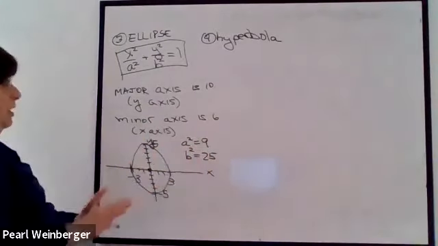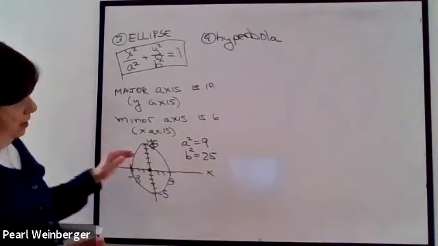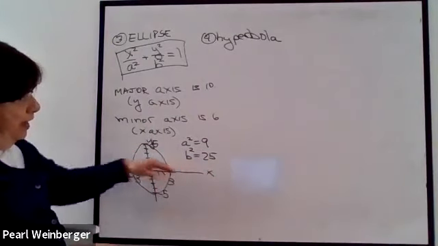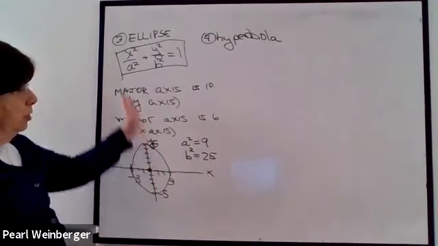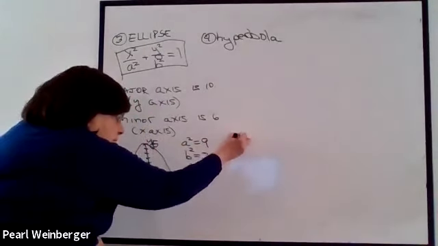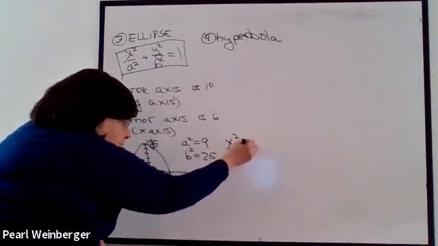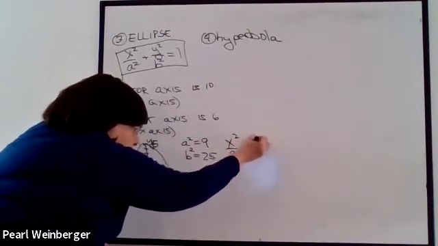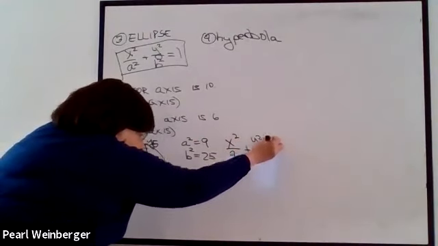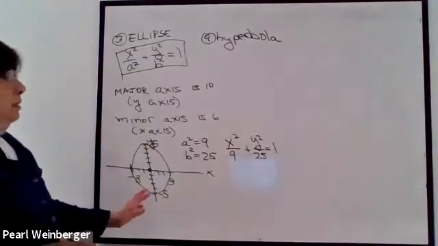Always remember the a always goes with the x. The b's always go with the y's, so that our equation comes out to be x squared over 9 plus y squared over 25 equals 1.